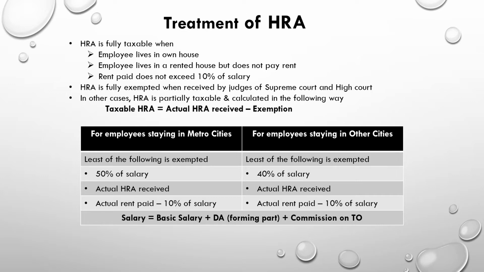In other cases, HRA is partially taxable and calculated in the following way. That is, taxable HRA is equal to actual HRA received minus exemption. In the table, you would see the provisions to ascertain the exempted HRA.